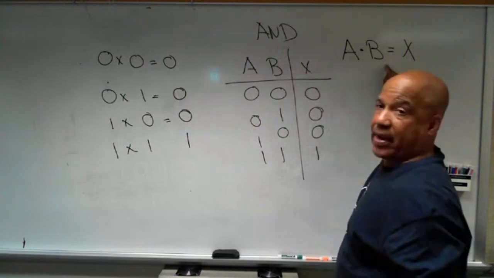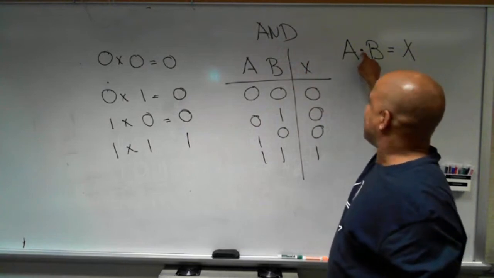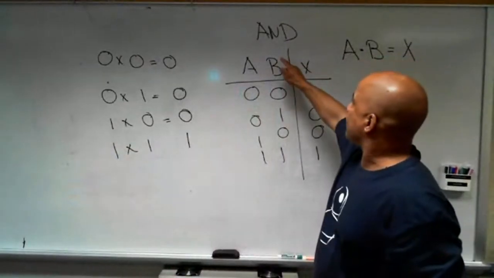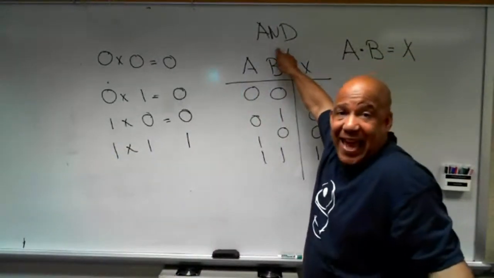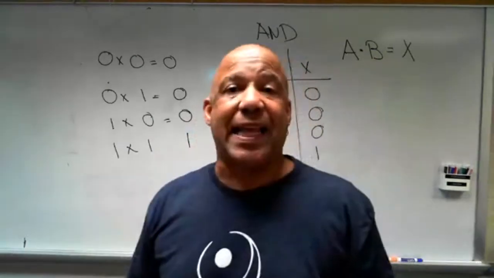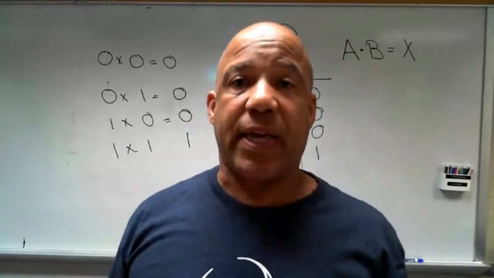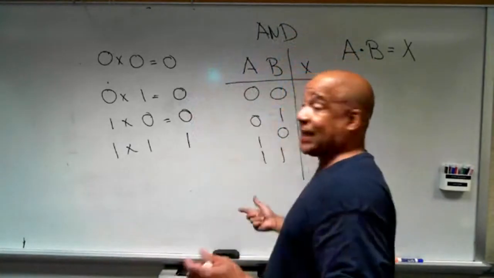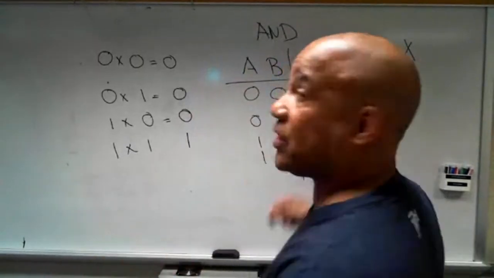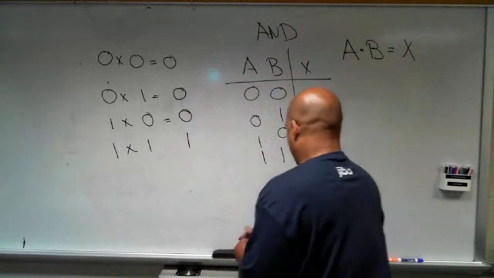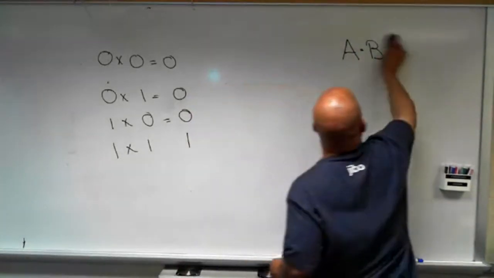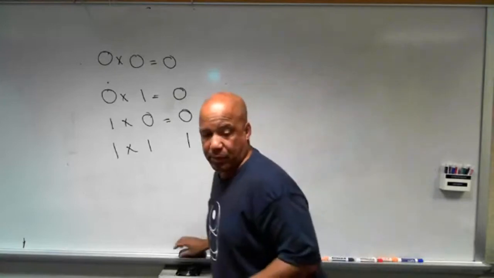So that's A and B. The reason they made it look like you're multiplying is because ANDing in binary is just binary multiplication. That's what it is. So I can use an AND circuit when I want to multiply. And that's what they do. They use AND circuits or derivations of AND circuits. But I'm getting off topic. Let me finish this, and let me just say a few things about this, and then that'll be it.